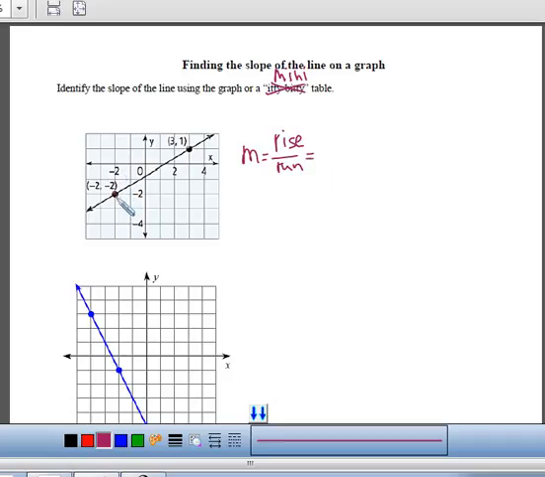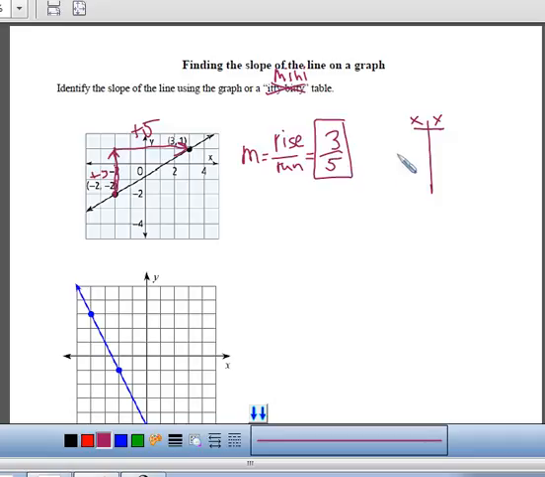So I'm going to start at this point. It rises 1, 2, 3 to get up to here, and then it runs 5. So it's going up, so that's plus 3, and then it's going to the right, so that's plus 5, positive 3 over positive 5, and then just leave it like that. That's your answer.